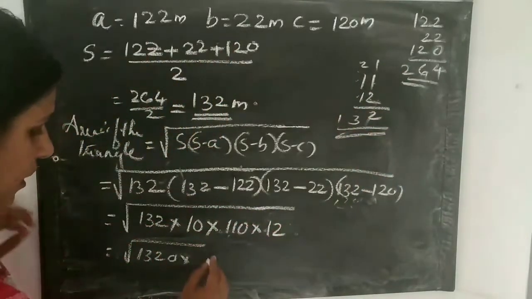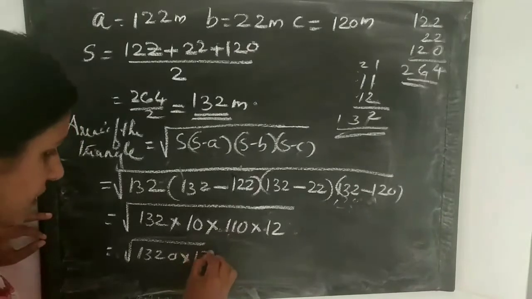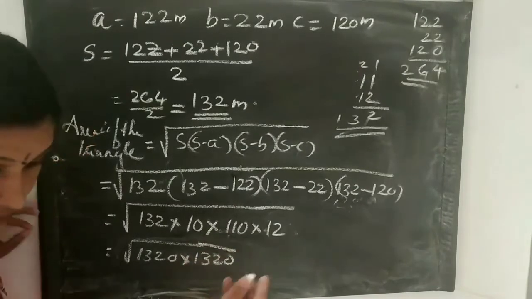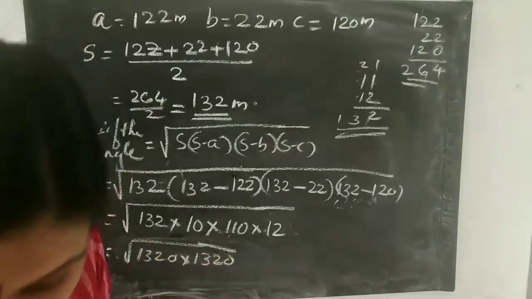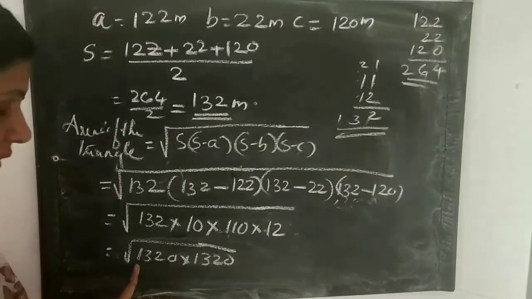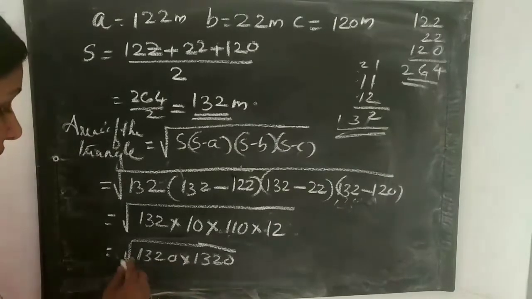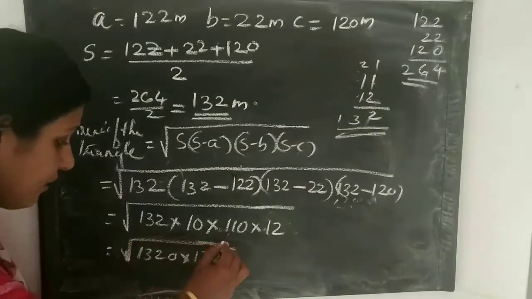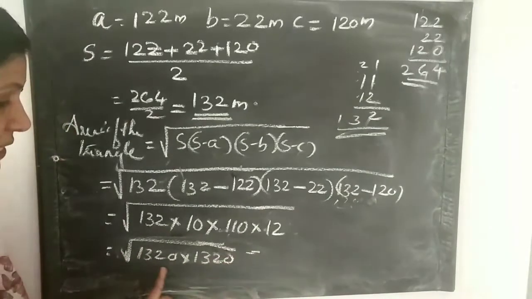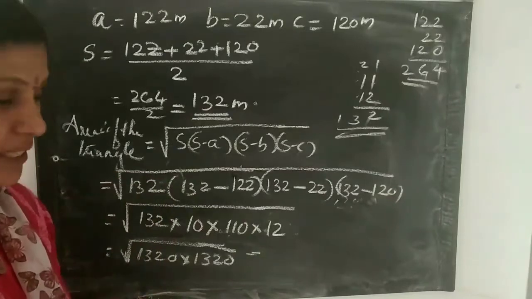So we get 1320 like this. Inside the root, 1320 into 1320 is a pair, so one of the numbers can come outside.